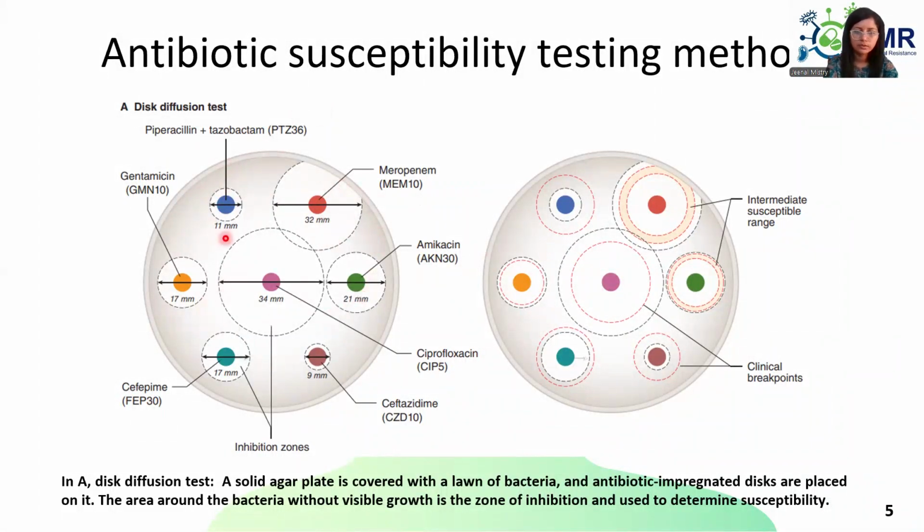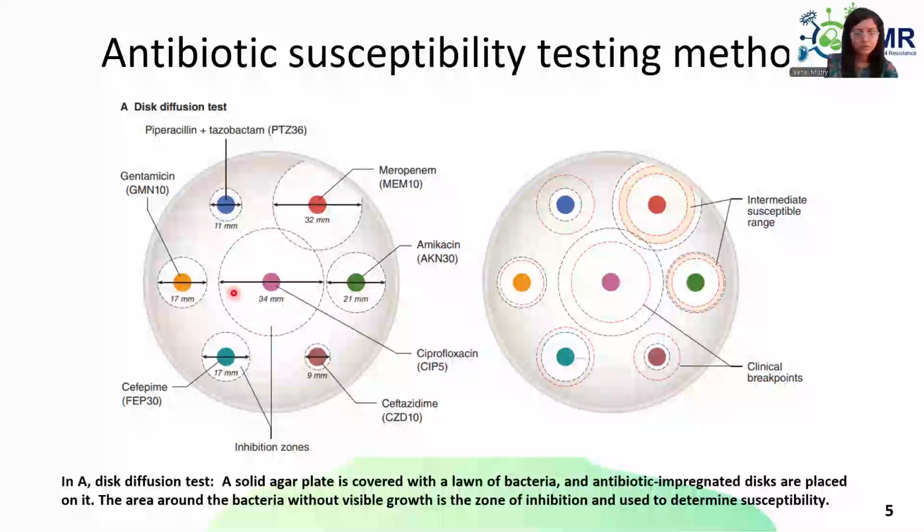We grow the bacteria for a 12 to 24 hour, maybe 48-hour incubation period, and antibiotic impregnated discs are placed on it. First we incubate this agar plate with the bacteria, and then we put the antibiotic impregnated disc on it, right?